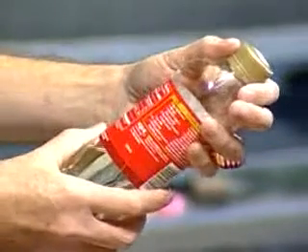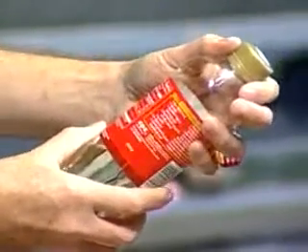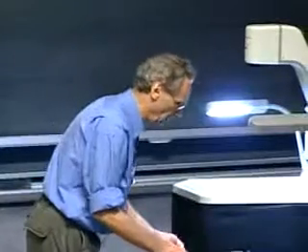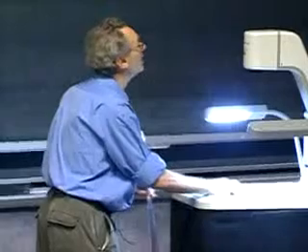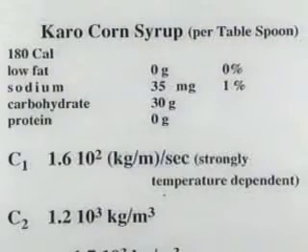It may interest you that 2 tablespoons is 180 calories. I needed to know more for this demonstration, and so I had to do my own homework on it. But at least you see here what this syrup can do for you. You see 180 calories per 2 tablespoons, or per tablespoon. It's very low fat, and the rest may interest you before you use it.